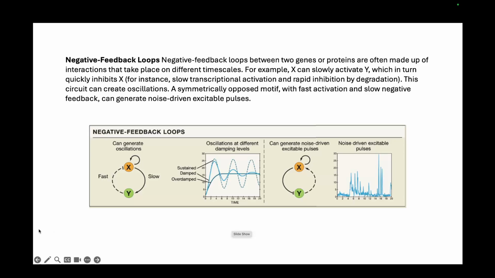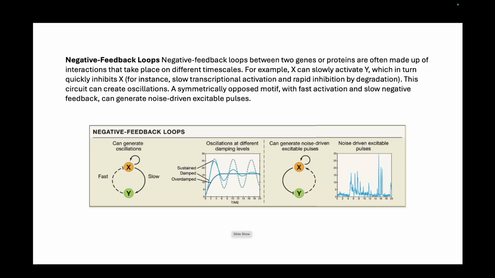Depending on the rates of these fast and slow reactions will depend how far it will oscillate. Will it oscillate and converge to a particular expression level, or will it oscillate on to infinity? These things can be defined by your parameters, and you can build these models by modifying your parameters.